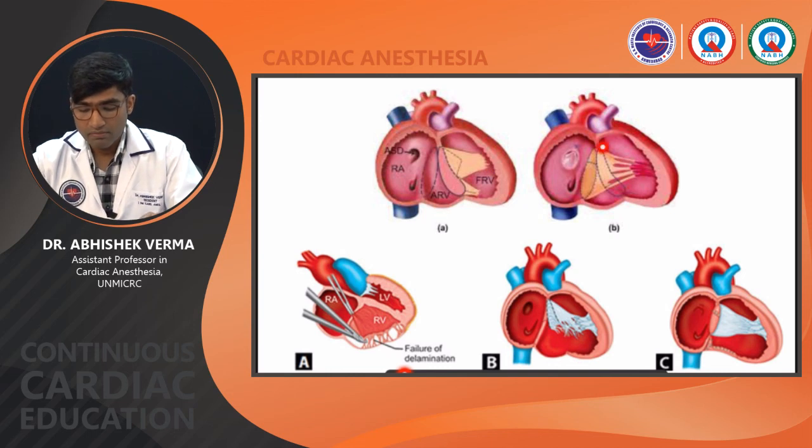From here we mobilize all the leaflets. We delaminate, since there is a failure of delamination. We cut all of these and mobilize the leaflets. Now we plicate this atrialized right ventricle, and these mobilized leaflets are attached to the true annulus, making a cone shape. It is called the cone repair.